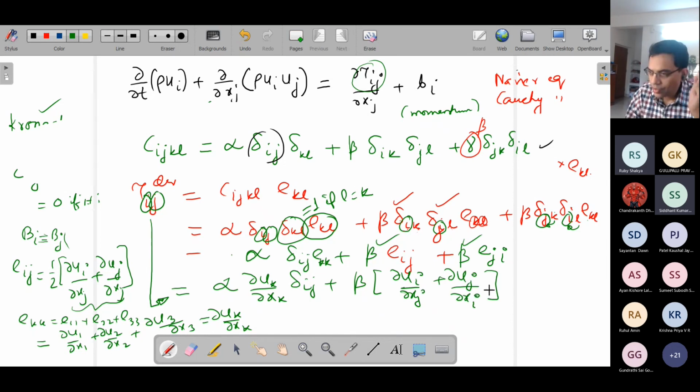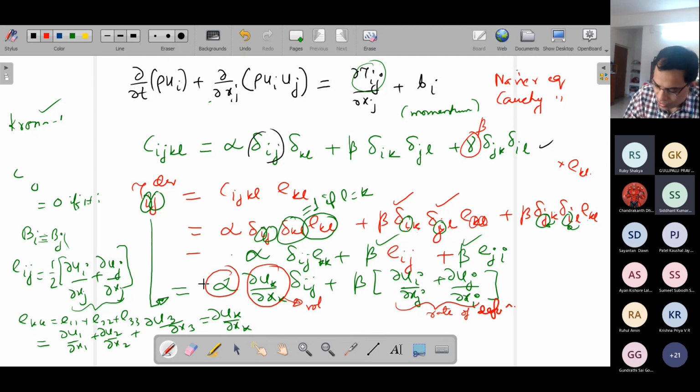Now, from our understanding of the physics of kinematics, which we have done earlier, what is this? This is volumetric rate of strain, that is divergence of the velocity vector. And this is the general rate of deformation. So this coefficient should be related to volumetric deformation, and this coefficient should be related to the general deformation, which could be linear and angular.